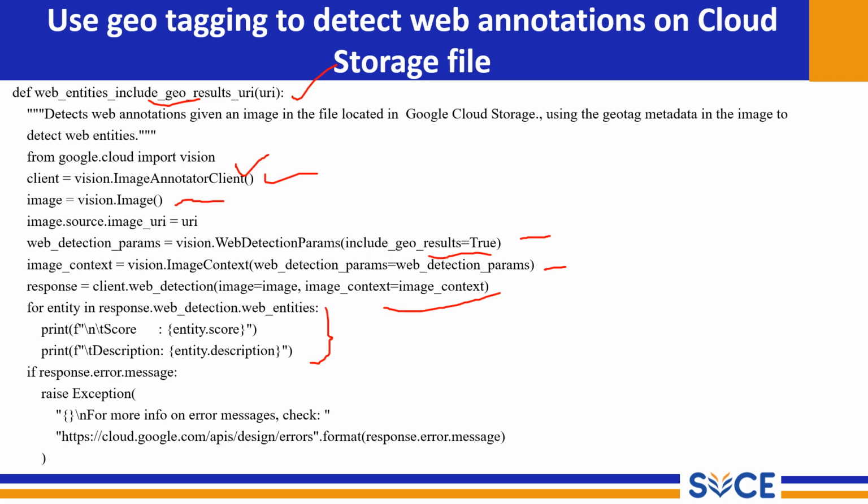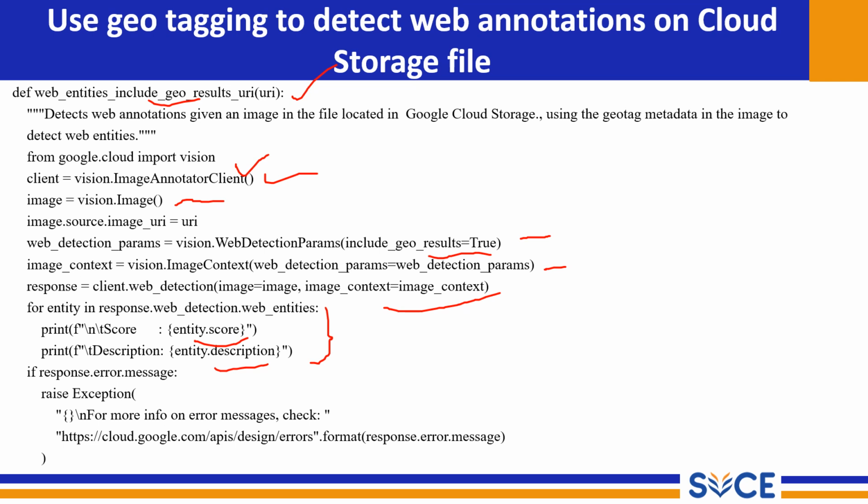Each entity is something the API identified that may be related to the image, like people, landmarks or objects. The score is a confidence value of how likely the entity matches the image, and the description is a human readable label for that particular entity.